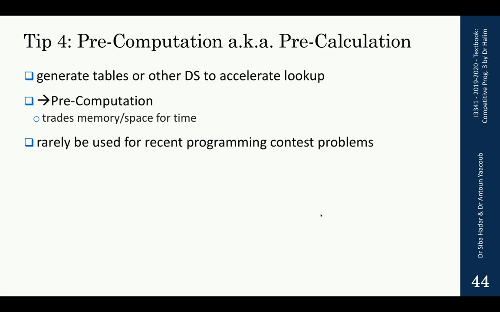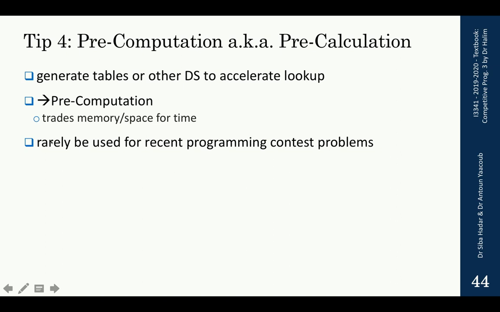Tip number 4, pre-computation, also known as pre-calculation. Sometimes in some problems you find yourself computing tables or other data structures and filling them in order to help you. This is called pre-computation. Later, when the solution comes, you have already filled your data structure, so you can get the answer in a more rapid way.